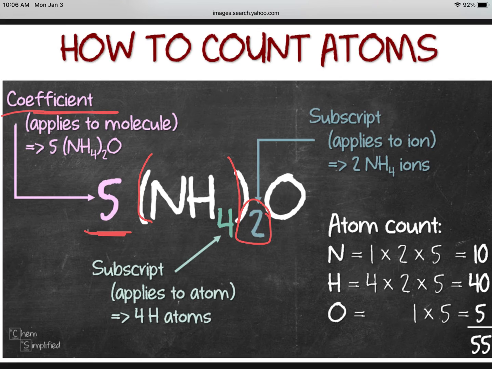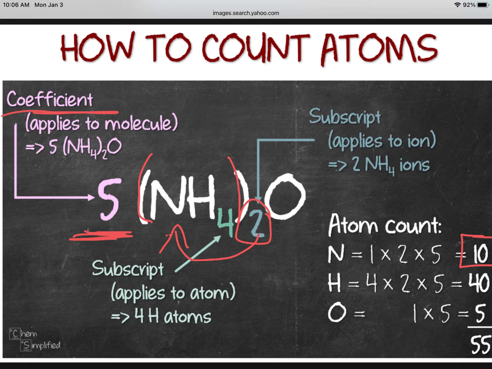So here, nitrogen, I have 1 of them, but this 2 is going to multiply in here, right? So how many total nitrogen do I have from the parentheses? 2, very good. Now, because I have 2 nitrogen, and then I have that coefficient, 5 times that 2 is going to give me 10 total nitrogens.